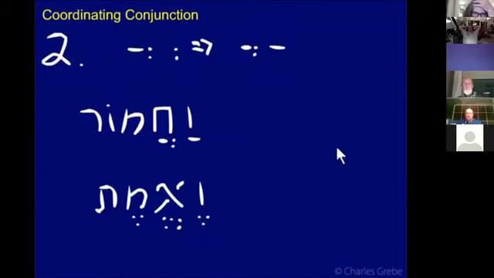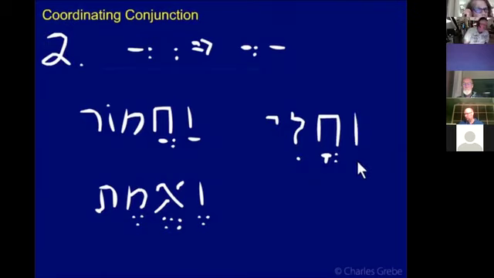And one more, just to complete the possibilities. This is the chataf patach. So choli means sickness. If we add a vav to it, the coordinating conjunction, we don't have the shava. We have the vowel that corresponds to this, the chataf kametz, the kametz hatuf. So vochali, and sickness.